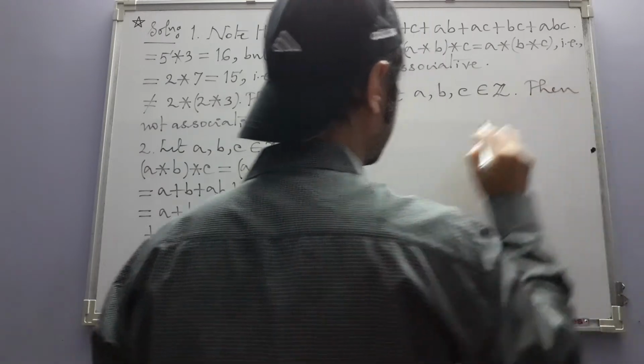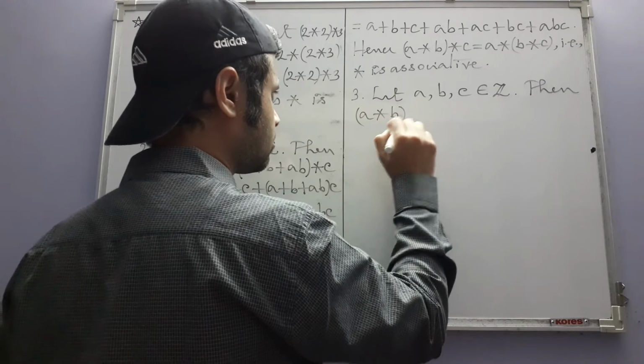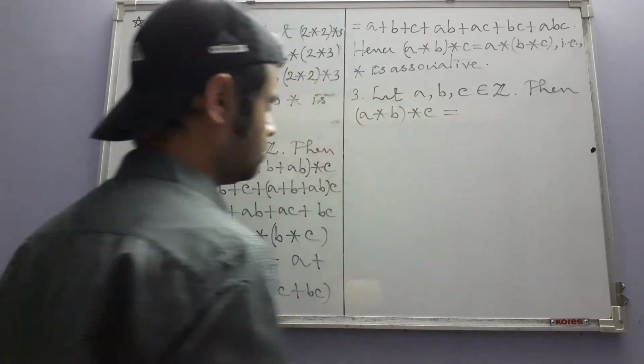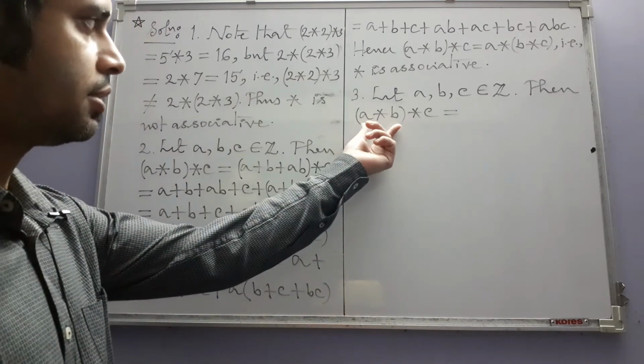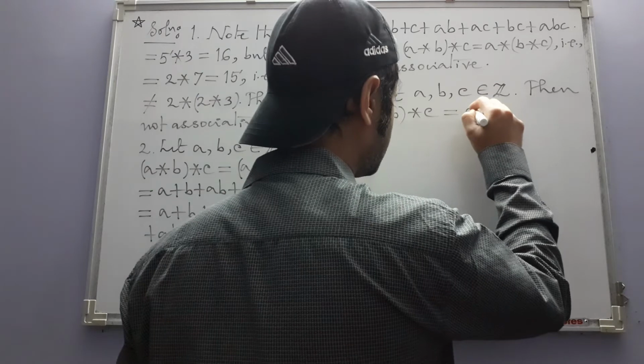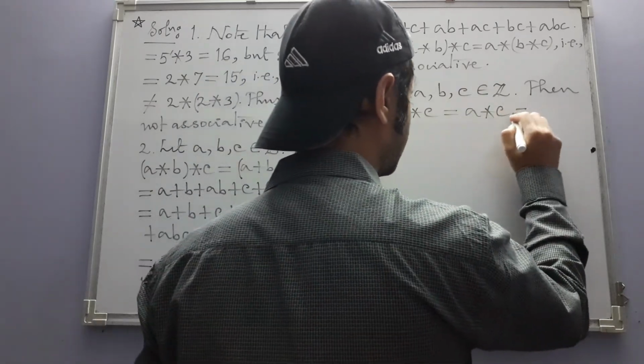Then, by the definition of star, A star B is just A. And again by the definition of star, this is also A.